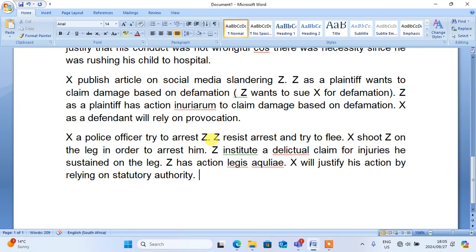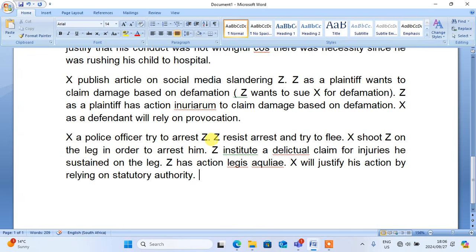It means that X will justify his action by relying on statutory authority, saying that it is mandated that as a police officer I have to arrest, and if the person is resisting arrest, I have to enforce lethal force, right? So he enforced the lethal force, which is within the boundaries of a police officer.